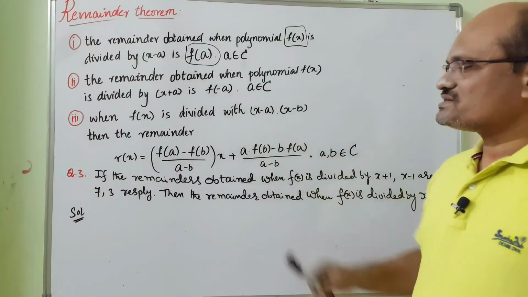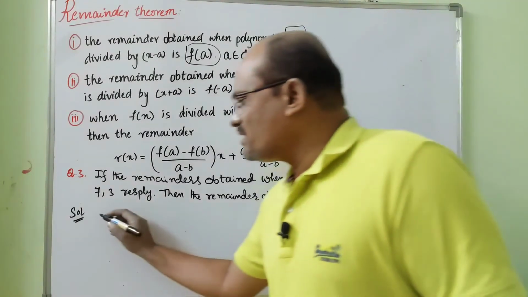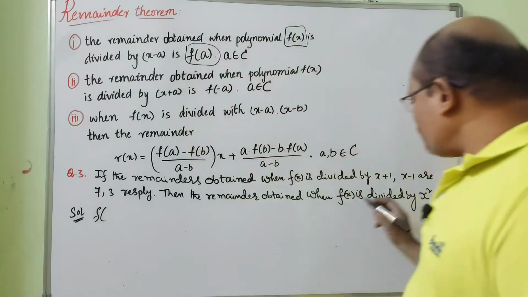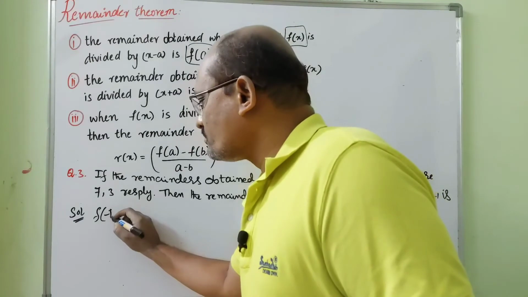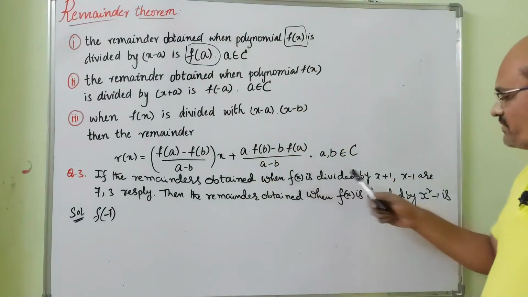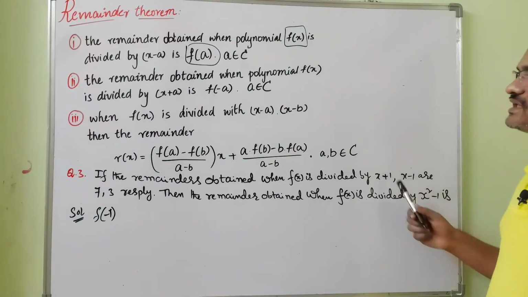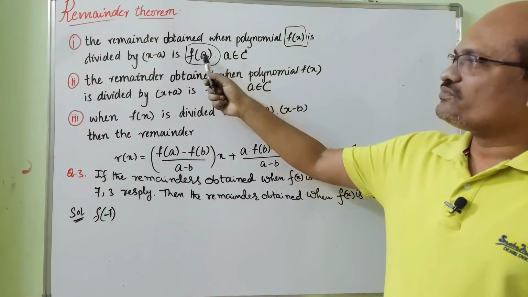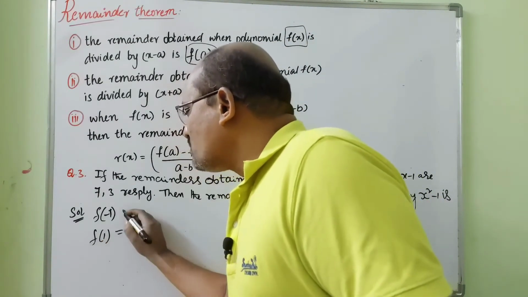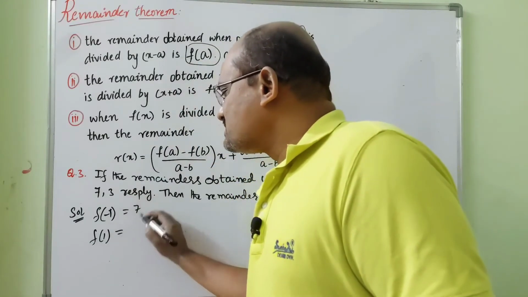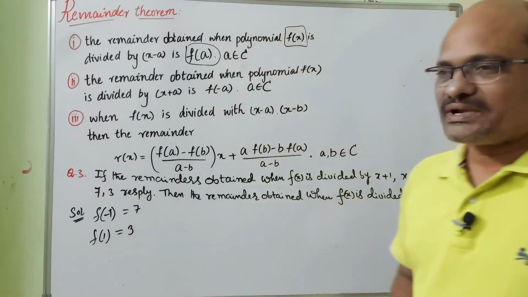According to the second concept, the remainder obtained is f of minus 1. When f of x is divided by x minus 1, according to the first concept, the remainder is f of 1. These two are given as 7 and 3 respectively.